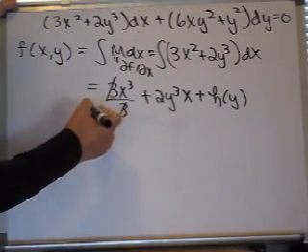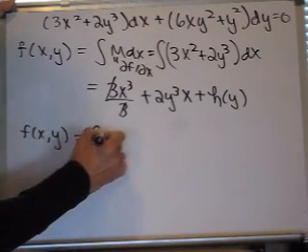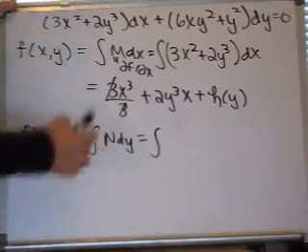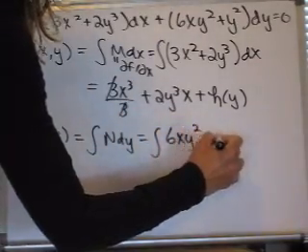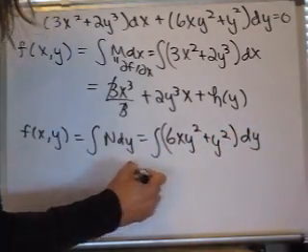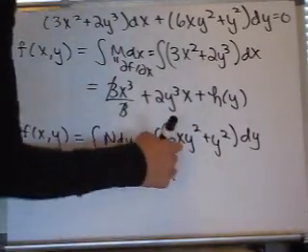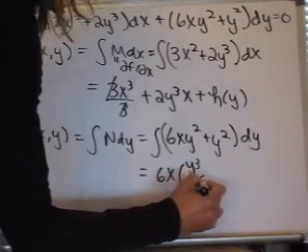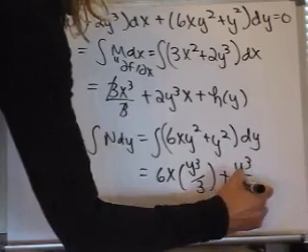The next part is I'm going to recover f of x, y by taking the partial integral of N with respect to y. That is the integral of (6xy squared plus y squared) with respect to y, and I treat x as a constant. So 6x is a constant, and the integral of y squared is y cubed over 3, plus the integral of y squared again, which is y cubed over 3.